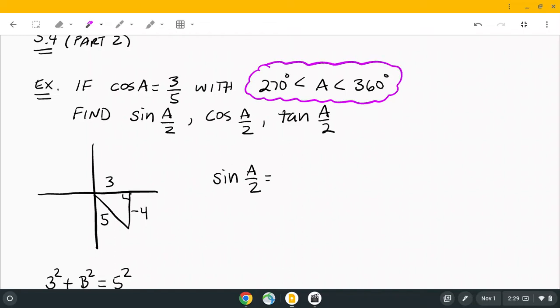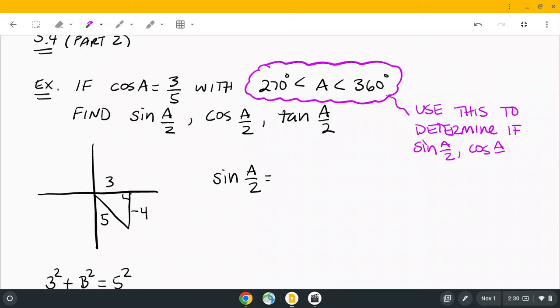Angle A is between 270 and 360. We're going to use this to determine if sine and cosine will be positive or negative.